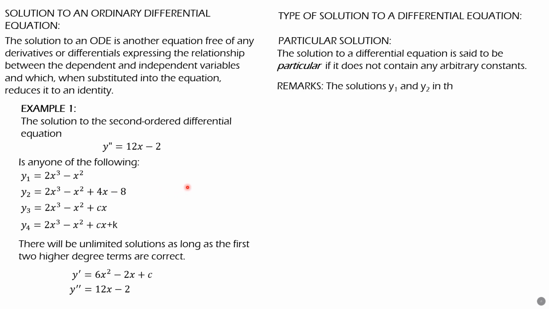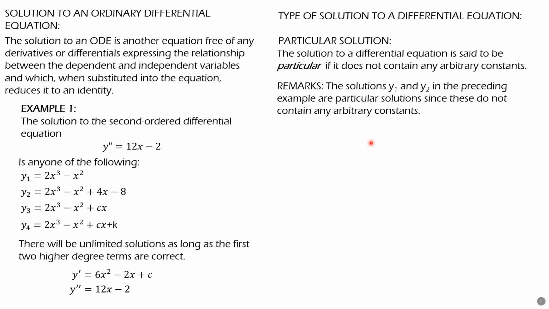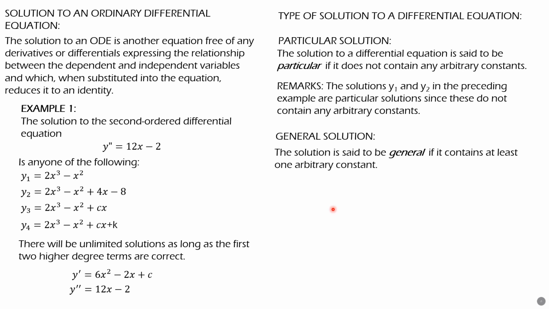The solutions y1 and y2 in the preceding example are particular solutions since they do not contain any arbitrary constants. The general solution must contain at least one arbitrary constant. That's why it's called general. And for our remarks, solutions y3 and y4 are called general solutions to this second order first degree ordinary differential equation because they contain at least one arbitrary constant.